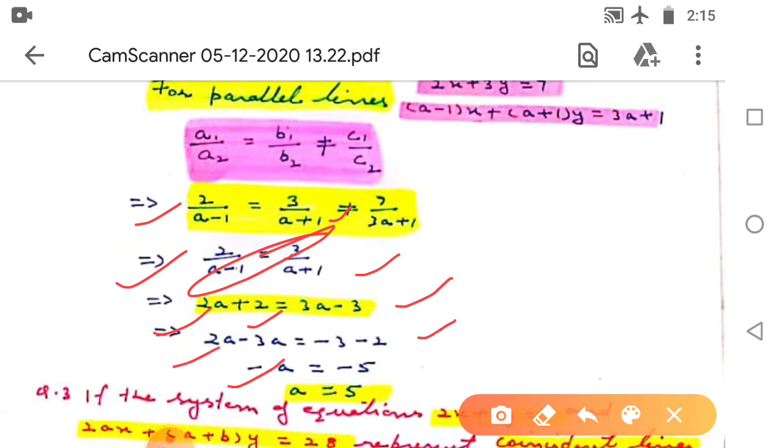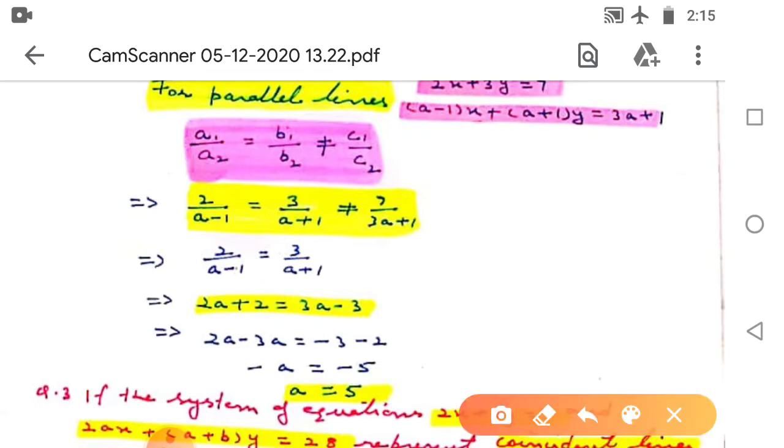So minus a is equal to minus 5 and a is equal to 5. So the value of a is 5. Clear? For parallel lines, the condition is a1 upon a2 is equal to b1 upon b2 is not equal to c1 upon c2. This is the algebraic condition for parallel lines or for no solution. Clear?